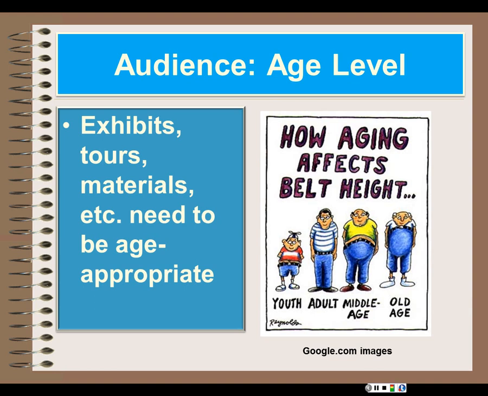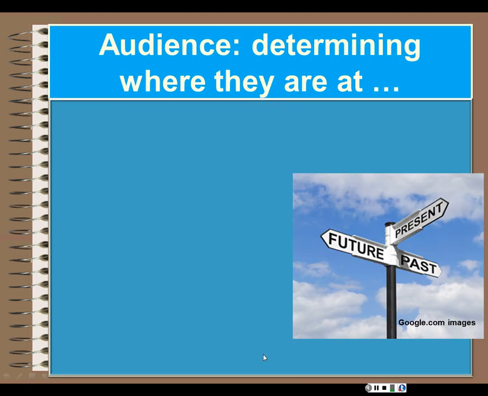And obviously the same things that appeal to a young person are not necessarily going to appeal to a teenager, a young adult, or an older adult. We also need to be aware of learning styles, and we'll talk more about that in another lecture in another week. Audience: determining where they are at.